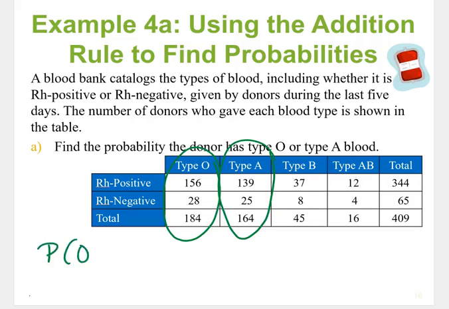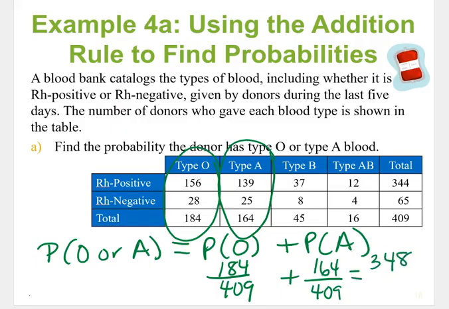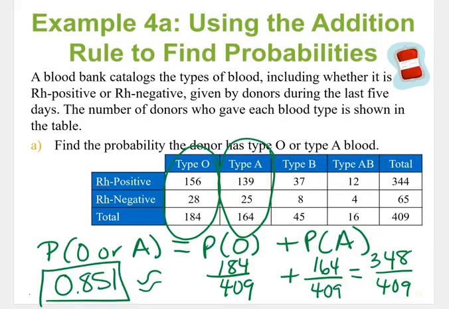So the probability that we have O or A blood is equal to the probability that you have type O plus the probability that you have type A. So out of the 409 people, we had a total of 184 that had type O, and out of the 409 people, we had 164 that were type A. So that gives me 348 out of 409, which again, if you wanted the decimal, that'd be 0.851, which most textbooks use when we talk about probabilities.